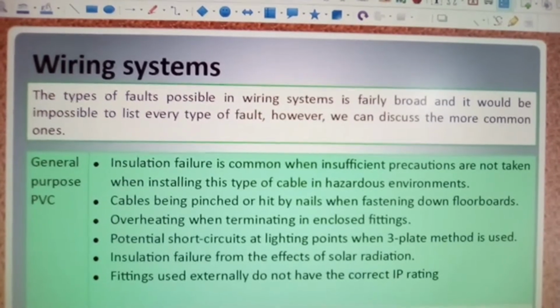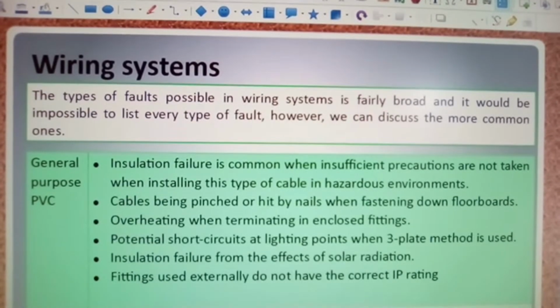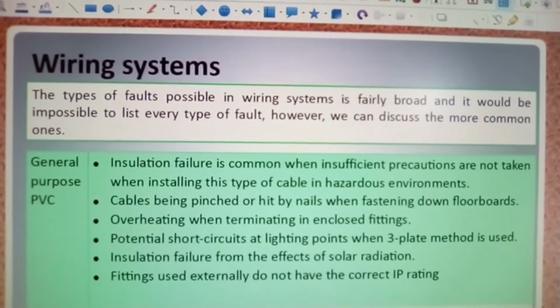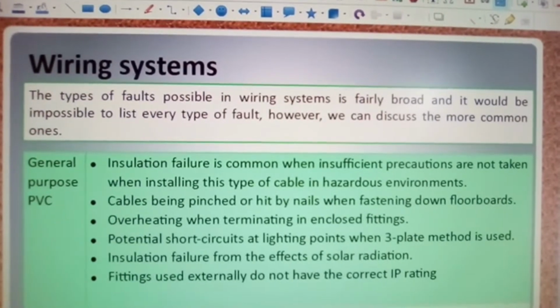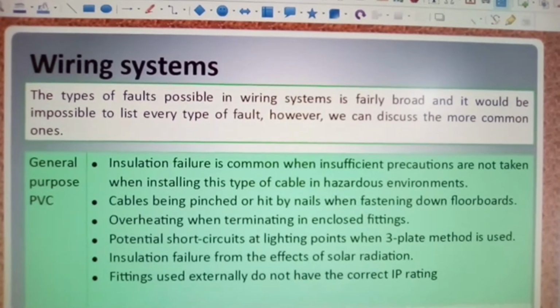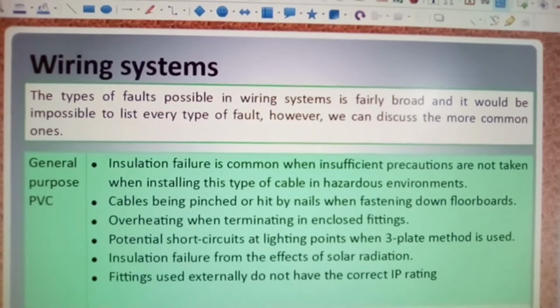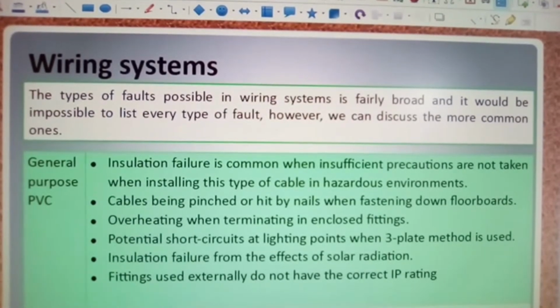Now conduit. Problems here again: high resistance from joints not being tight, and short circuit when cables are trapped. With regards to the conduit, what you have to bear in mind is that when you're pulling cables into conduit, it is important that the conduit has been cleaned and the end of the conduit has been reamed to make sure that there are no burrs on the end.